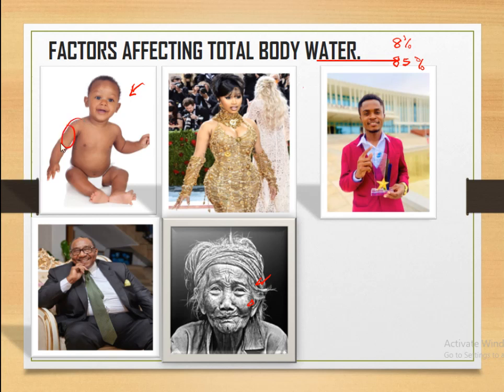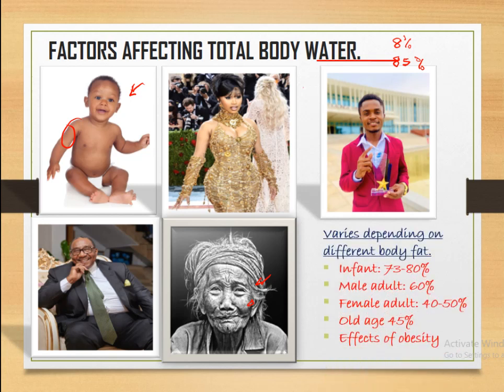So now, what are the factors that affect the total body water? The total body water depends on the age. For example, in this case, we can talk of the infant. This baby is representing the infant. Infants have about 63 to 80% of body water.